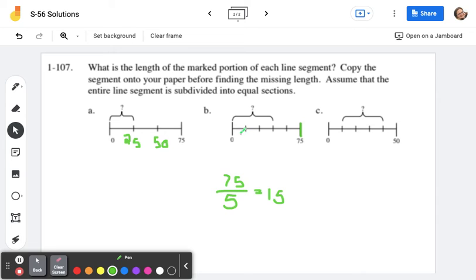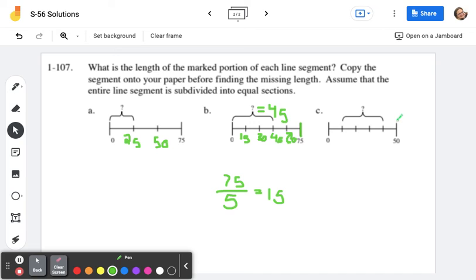So if my first section is 15, then I go up by another 15, so that'll be 30, then 45, then 60, and then finally my last section will give me 75. My missing length here would be 45. So that missing length is 45.